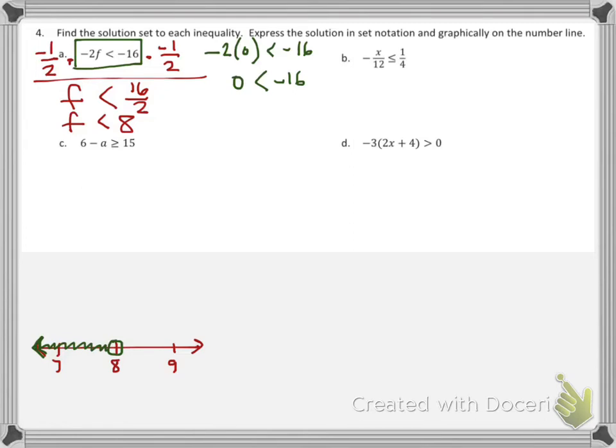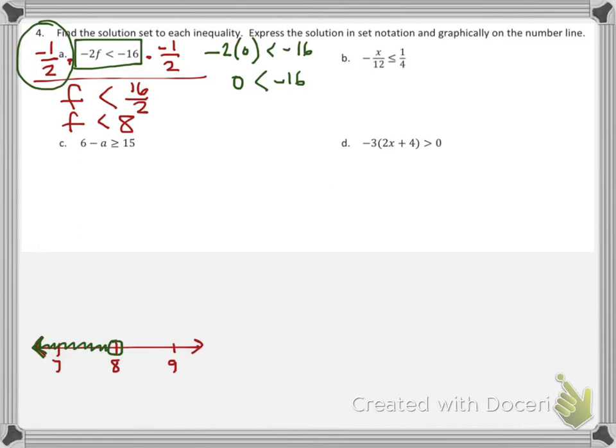Well, if you notice back here, when I multiplied by a negative, it changes things because that's the opposite of 1/2, right? So when I talk about the opposite, my inequality symbol must change to its opposite.